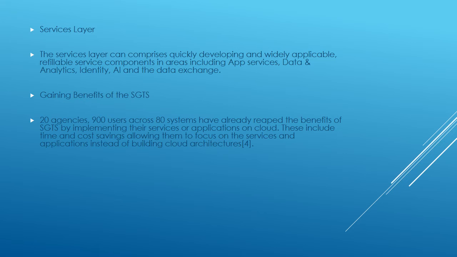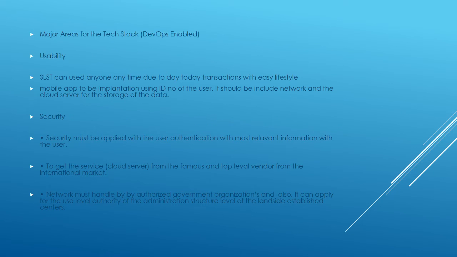In 2020, 19 users across 8 systems have already realized the benefits of the SGTS by implementing their service or application on cloud. These include time and cost saving, allowing them to focus on the service and the application instead of building cloud architectures. And these are the major areas of the stack.